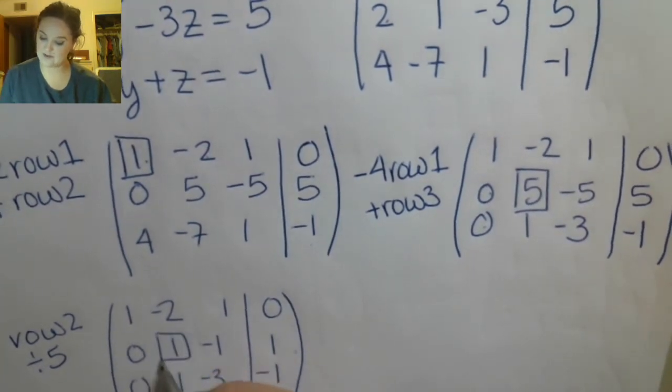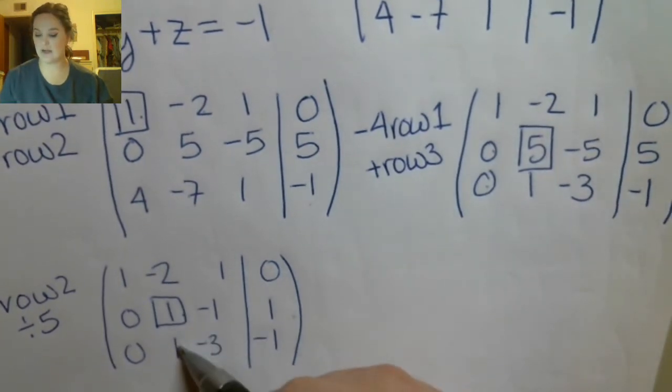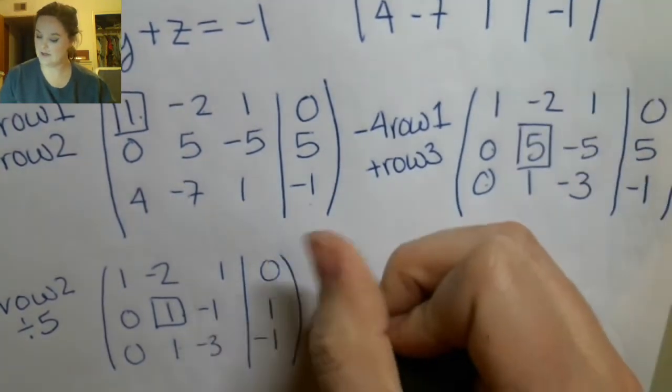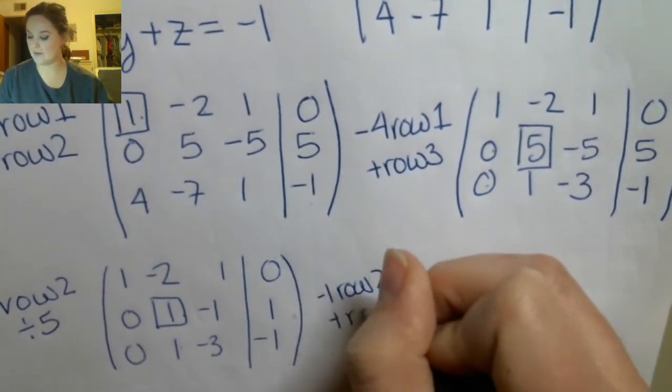Okay, still focused on this diagonal position, and I'm going to use it to eliminate right here. So I'm going to do negative 1 times row 2, and add it to row 3.